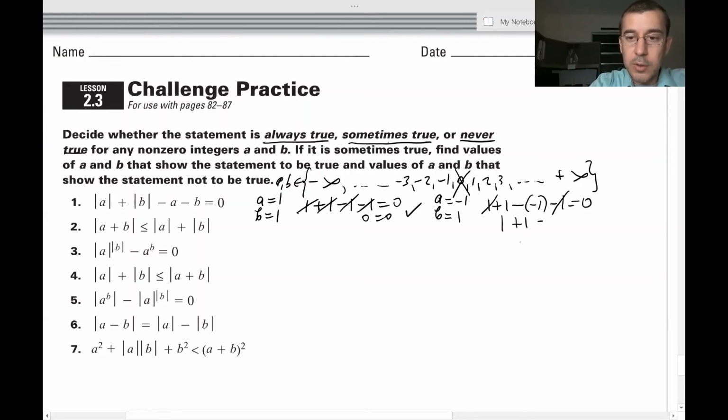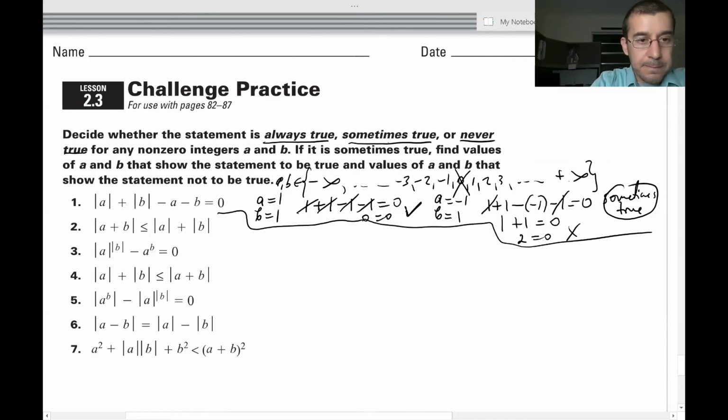So this is 2 equals 0. This is not true. So we say sometimes this is true, because when a equals 1, b equals 1, this was true. However, when a equals -1, b equals 1, this is not true. So this is sometimes true. Sometimes true is the answer for 1. Okay, that was 1.